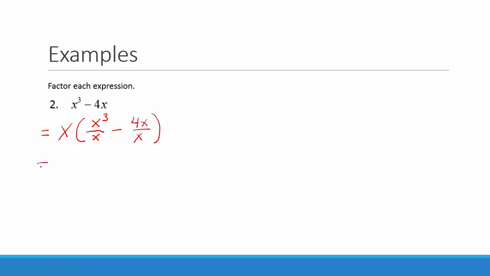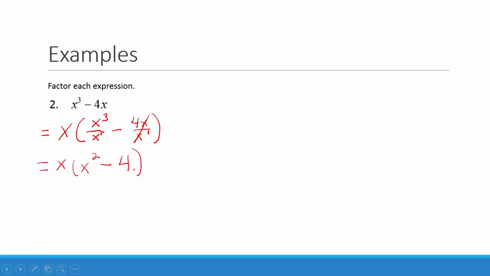Next, we will simplify inside the parentheses. When we divide, we subtract the top exponent minus the bottom exponent. x has an exponent of 1, so we subtract 3 minus 1 to get x squared here, and then x over x divides out and becomes 1, and 4 times 1 is just 4.